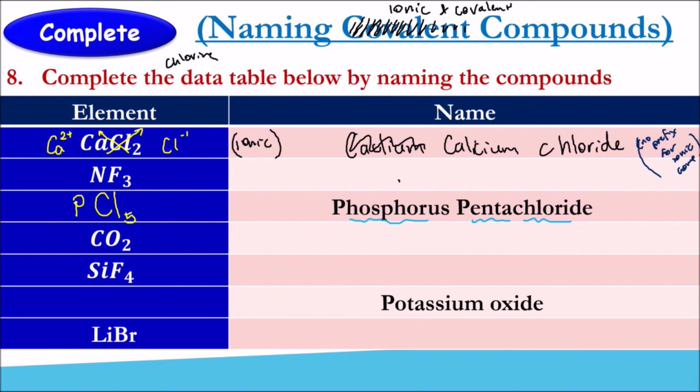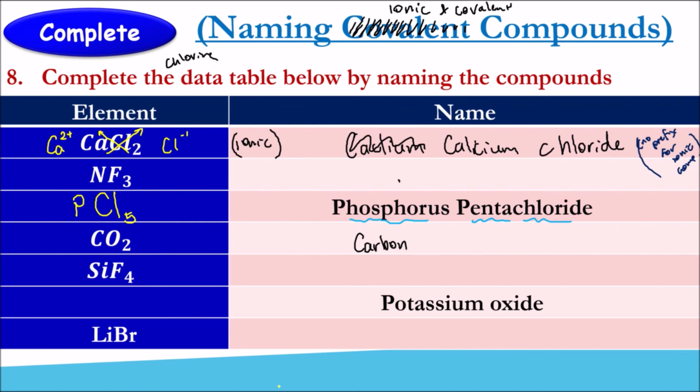Let's try one more, or two more actually, and then we'll call it a day. Over here we have carbon and we have oxygen. So again, carbon first, two oxygens. Now firstly, just make sure you check whether or not this is an ionic or covalent compound.